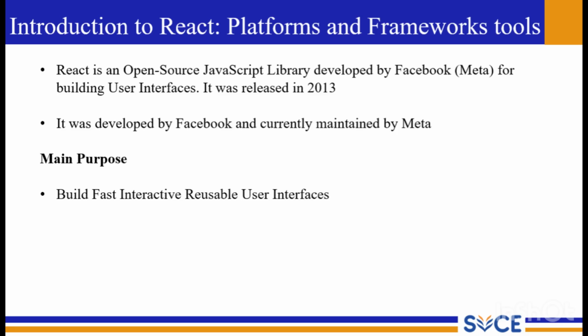The front end means everything that users can see and interact with on a web page. React helps developers build applications faster by dividing the user interface into small reusable components. Instead of writing the same code repeatedly, developers create components once and reuse them multiple times.